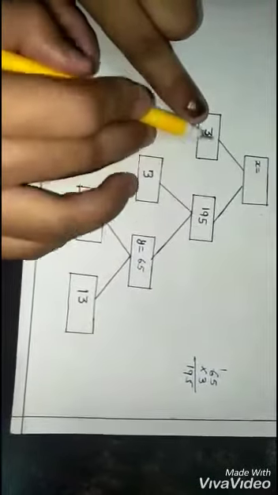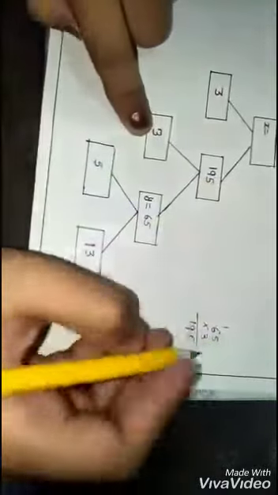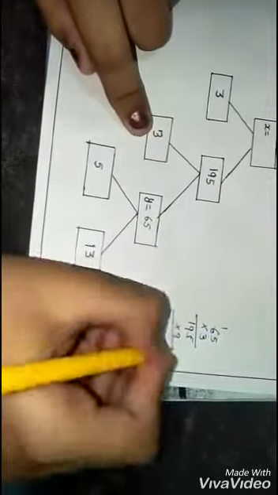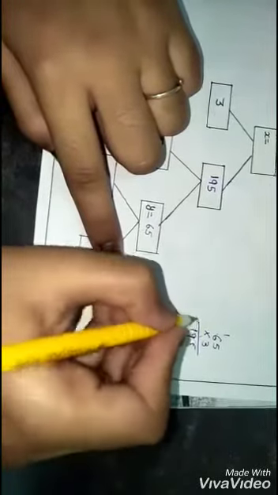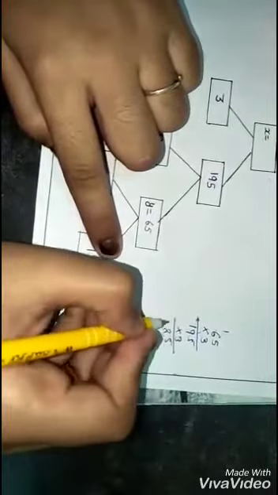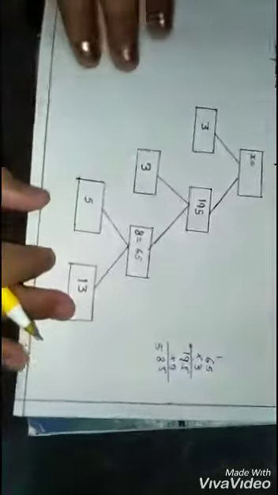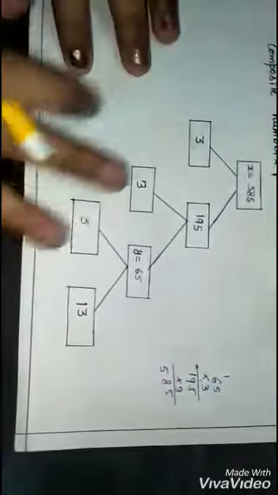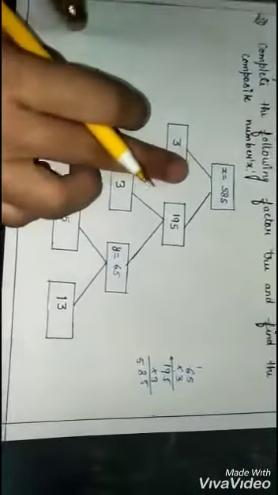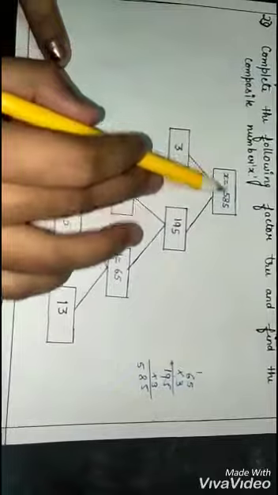Then 195 multiplied with 3. 3 5s are 15, and so on, to get 585. So the value of x is 585. So by this process, I'm going to find easily the value of x.